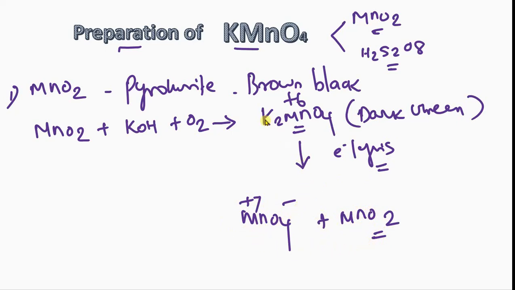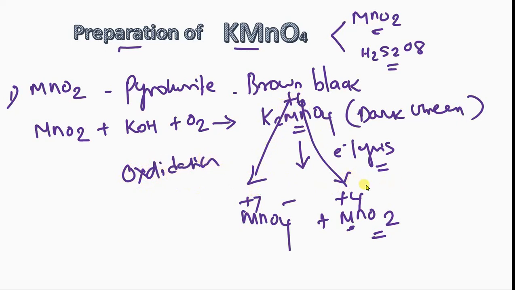So this is the thing. What happens here to the K2MnO4? What is the oxidation state of Mn in MnO2? This is plus 4. So from plus 6 it has gone to plus 7, and from plus 6 it has gone to plus 4. When the oxidation state increases, the reaction is called oxidation, and when the oxidation state decreases, the reaction is called reduction.